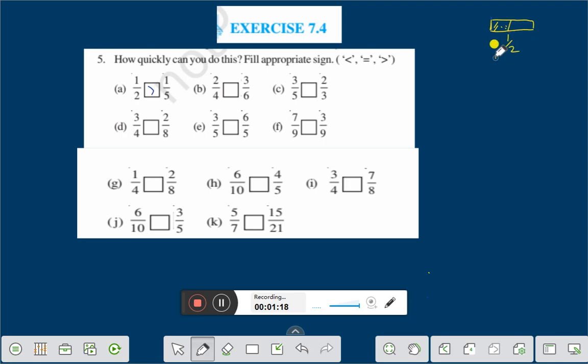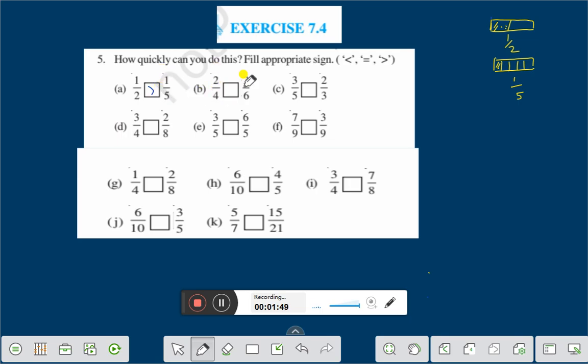And if we make the same figure, we have to make 5 equal parts: 1, 2, 3, 4, these 5 equal parts. If you shade one part, it will be 1 by 5. From the figure also you can say that 1 by 2 is greater than 1 by 5.